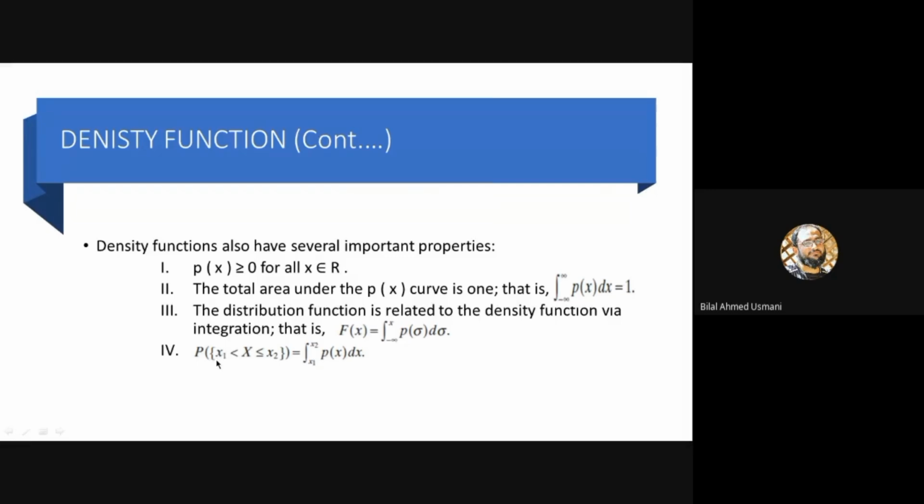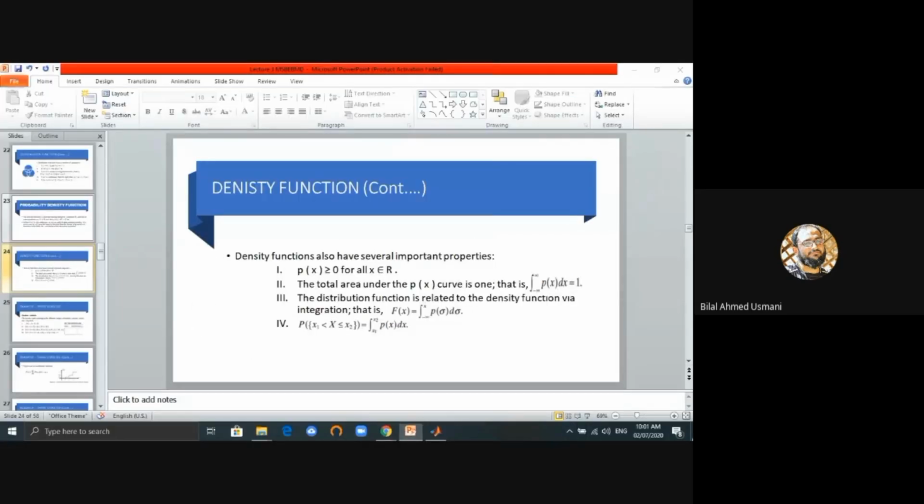Once again, the probability between 2 points is the integral between those 2 points. Over here, the probability between random variable x1 and random variable x2 is the integral of the probability density function between x1 and x2. So these are the theoretical properties which I'm looking at.